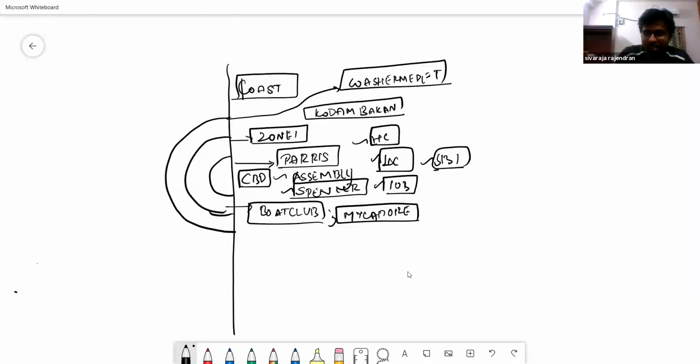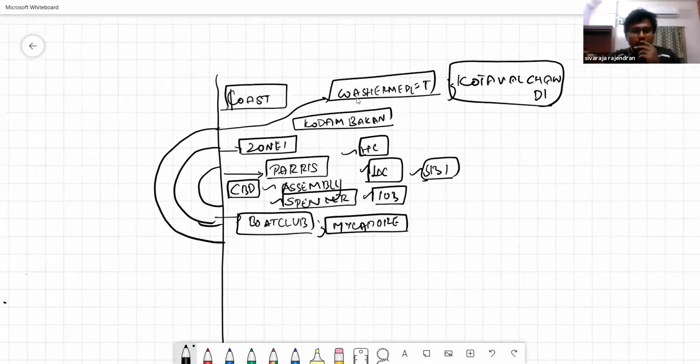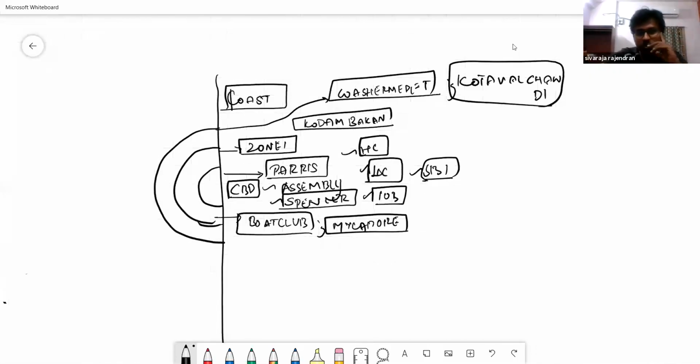Same there, it is there. There is a song also. What is that Kottawal Chowdi? Meaning? It is related to medieval India, I will say. Kottawal Chowdi is related to medieval India history. It is in Chennai, you know Kothaval Chavadi.